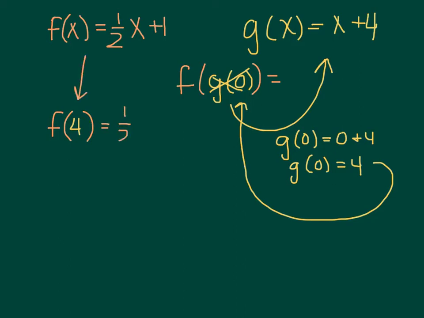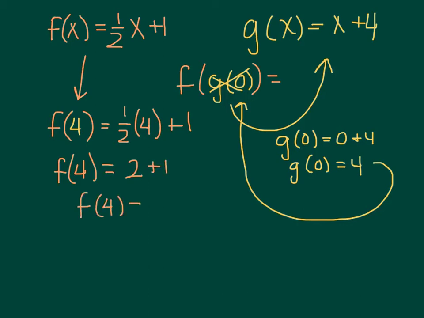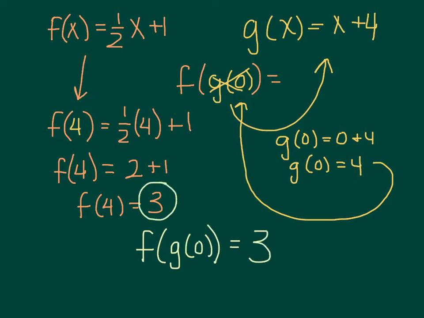So that's 1/2 times 4 plus 1. So f of 4 equals 2 plus 1. f of 4 equals 3. So now I can say that f of g of 0 equals 3, since that was my answer over here.